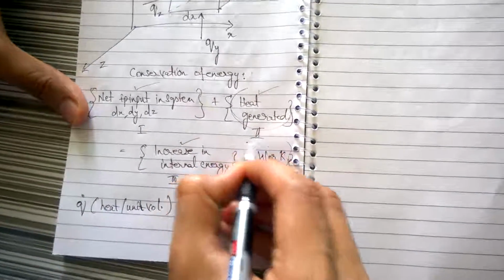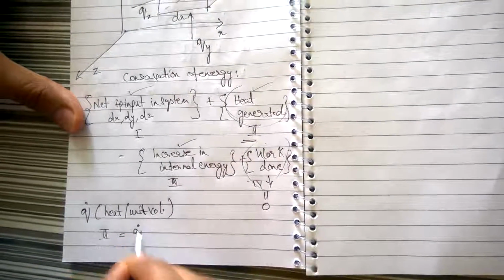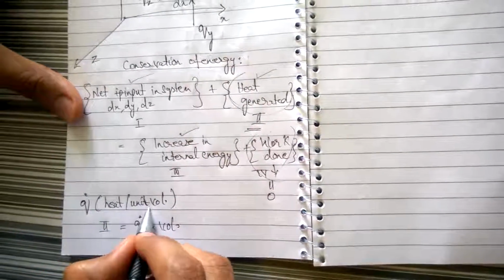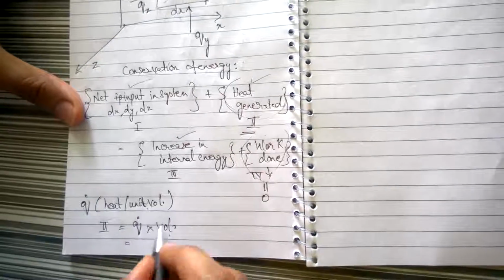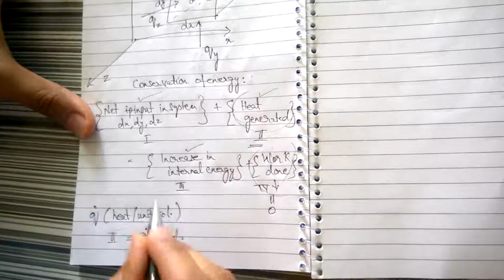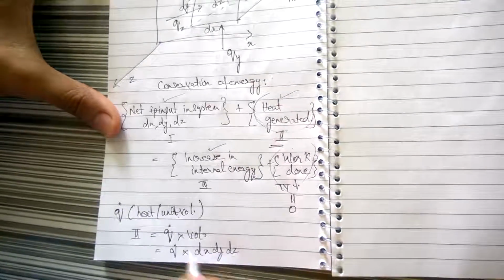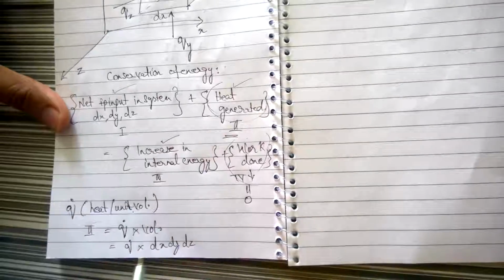So if we want to know what exactly this second term is, my second term will essentially be equal to Q dot multiplied by the volume of this material. Because it is heat per unit volume, you multiply volume to it, you get the heat energy from it. So what is the volume of this material? It is a cuboid, so it is dx into dy into dz, all the three dimensions, length, breadth into height. So you get your volume.